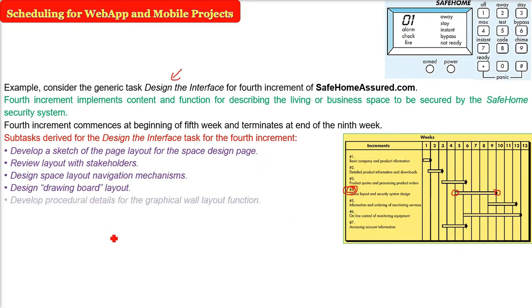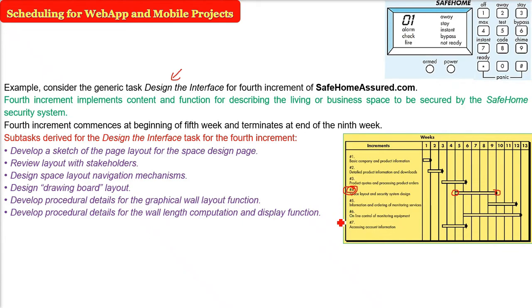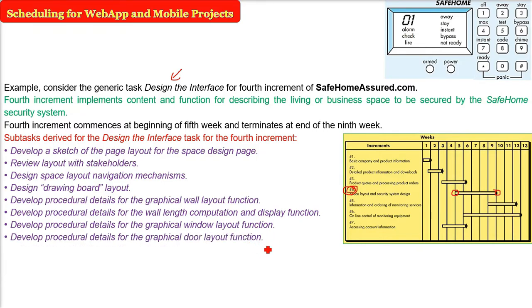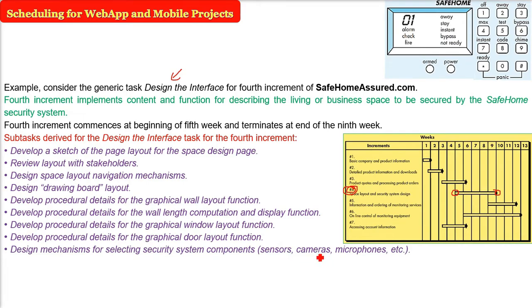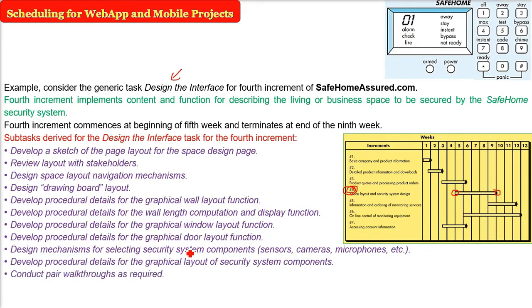Like making a page layout. Then, you have to review it. The space layout mechanism, drawing board layout, and then the procedural details for the graphical wall layout, wall length computation, display function, procedure detail for graphic window layout and graphic door layout, and then the selection of the system components like the sensors, cameras and microphones, and then the procedural details for the graphic layout for security system components, and then we have to conduct the pair walkthroughs as required.